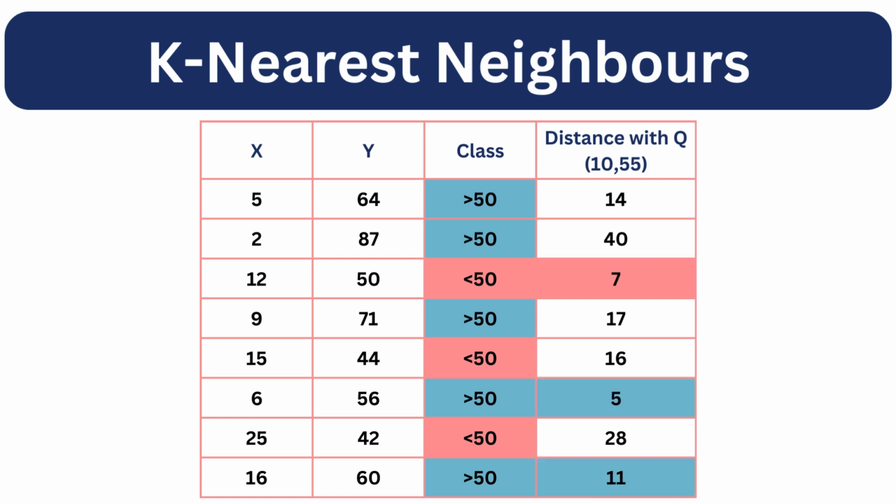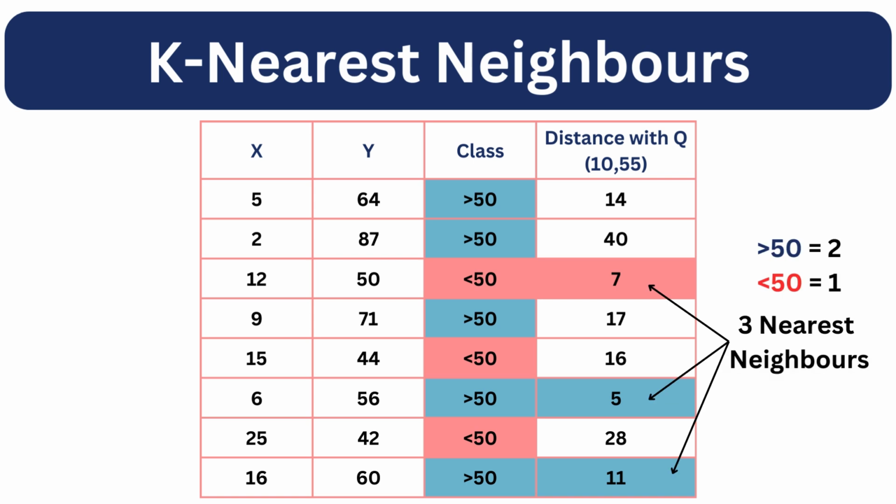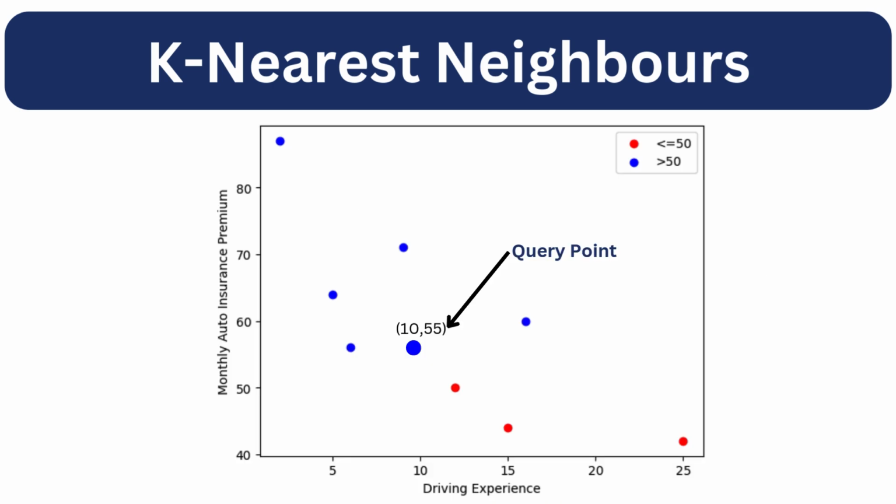From the table, the 3 nearest neighbors to the query point are 1250, 656 and 1660. Out of these 3, the majority class is greater than 50. Therefore, the query point has been classified as this class. Here is the updated scatter plot with the query point classified as greater than 50 shown in blue.